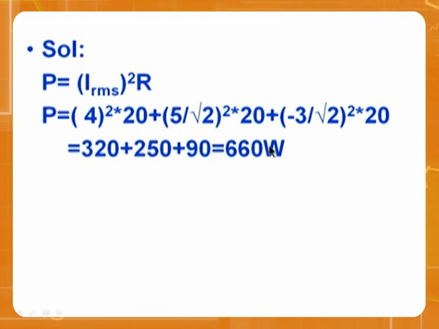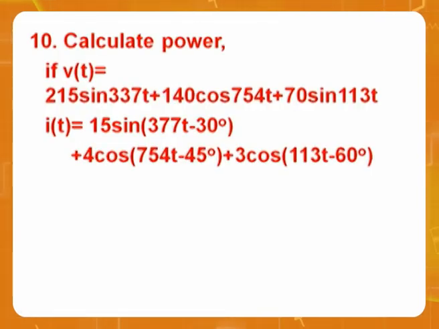That's the total power. So let's go to the 10th problem. Calculate power if v of t is given as 215 sin 337 t, 140 cos 354 t, 70 sin 113 t.